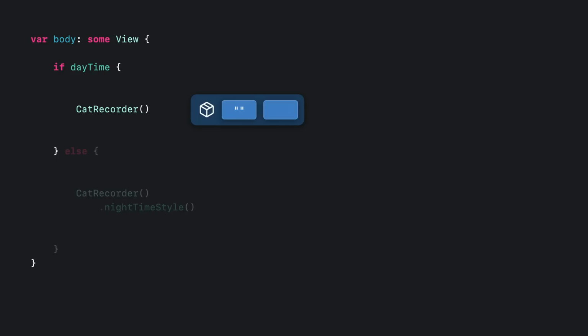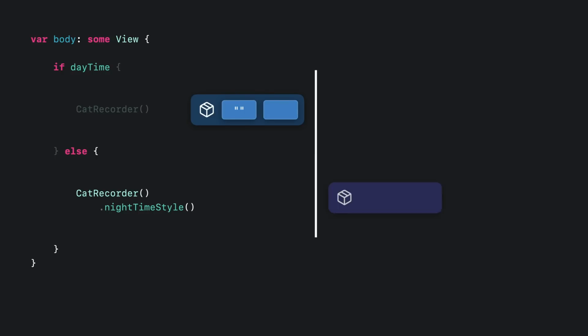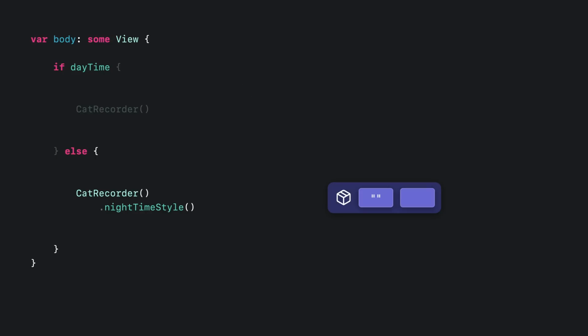But what happens if the value of datetime changes and we enter the false branch? SwiftUI knows this is a different view with a distinct identity. It creates new storage for the false view, starting with the state's initial value. And the storage for the true view is deallocated right after. But what if we go back to the true branch?